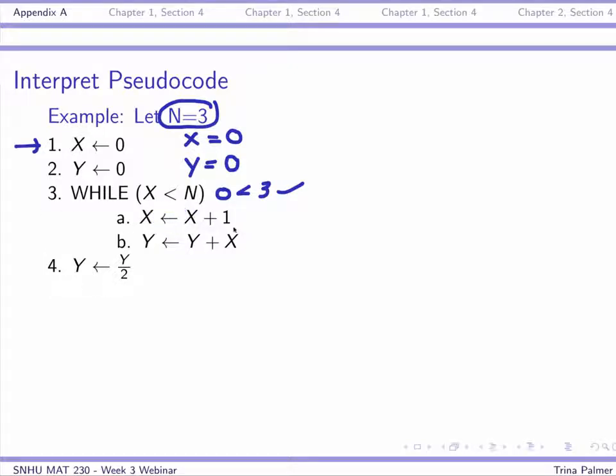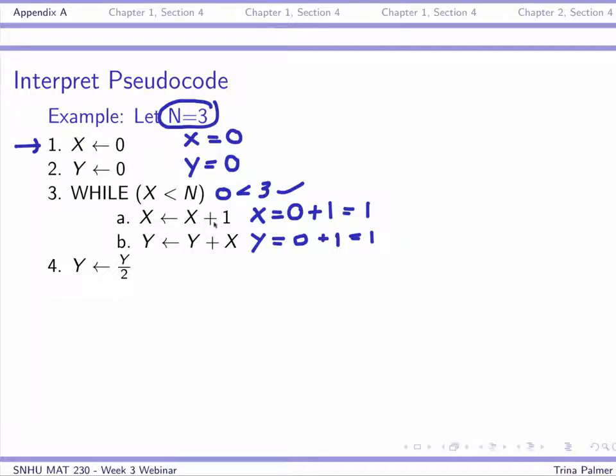So in the x storage spot, we take the previous value, which is 0, and add 1 to it. Now in x we store a 1. In the y storage spot, it's the previous y value, 0, plus what's currently in x, the most recent x, which is 1. So now in y we have a 1.